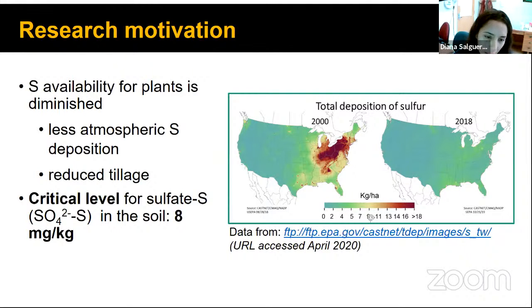It can leach down with the rainfall, or it can evaporate, or it can be fixed. There are many processes going on that can change those numbers reported in the test. So soil test is not necessarily recommended to predict if we will have sulfur deficiency for our crop.